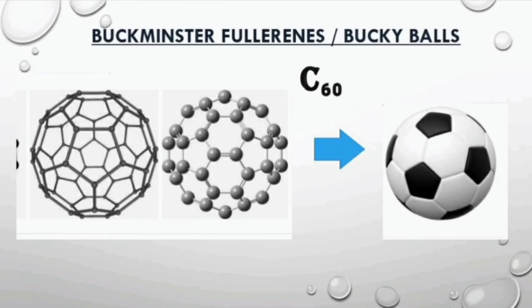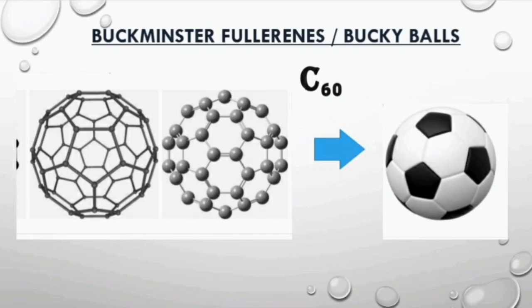Now the third allotrope of carbon is fullerenes. Fullerenes are allotropes of carbon having the shape of a hollow sphere or ellipsoid and many other shapes. Spherical shaped fullerenes are called Buckminster fullerenes or Bucky balls.